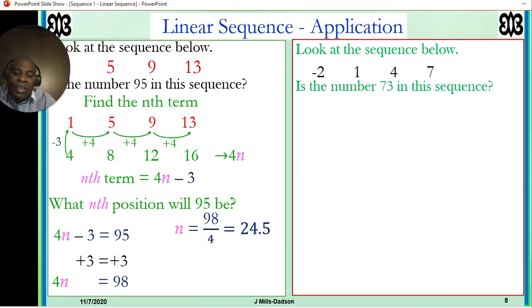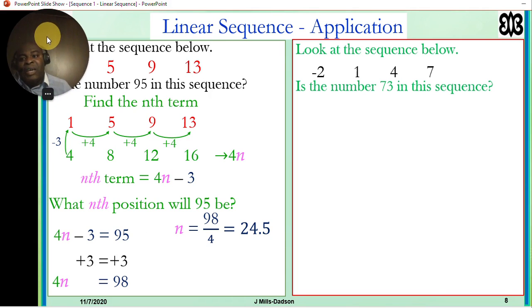We realize that n gives us a decimal, 24.5. And as I said before, n has to be a distinct, discrete number. So that means 95 will not be in the sequence, because it's neither the 24th term nor the 25th term. It's between the 24th and 25th, and there's nothing like that.